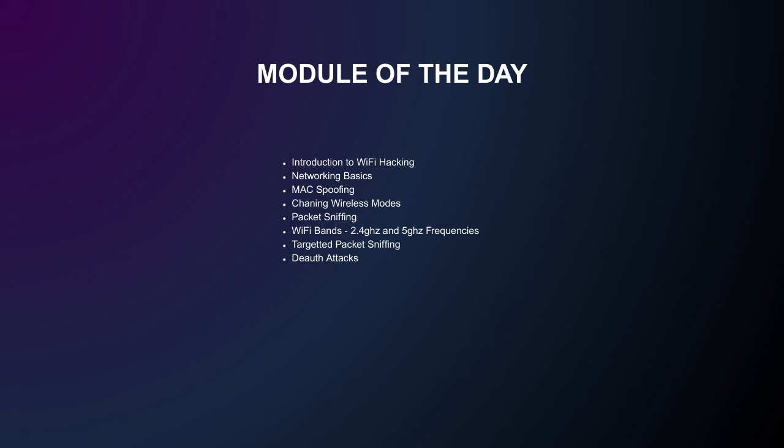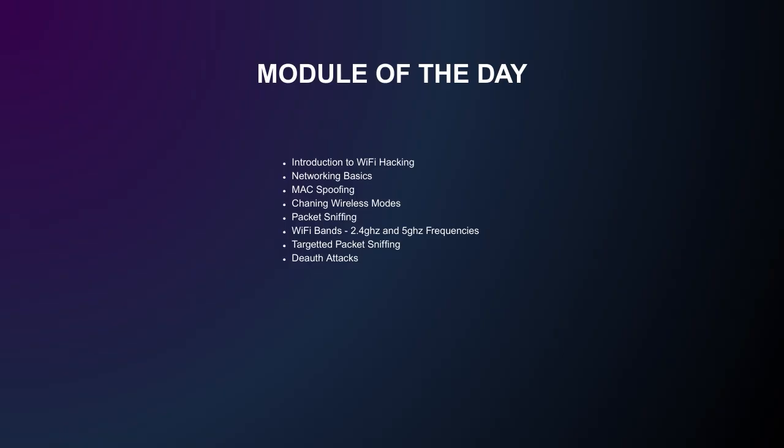Then we will cover networking basics: what IP addresses are, what MAC addresses are, how they work, and how a network actually works. Then we will get our hands on practically with MAC spoofing, how we can change our MAC address, and then we will discuss changing our wireless modes, what these modes of wireless adapters are.